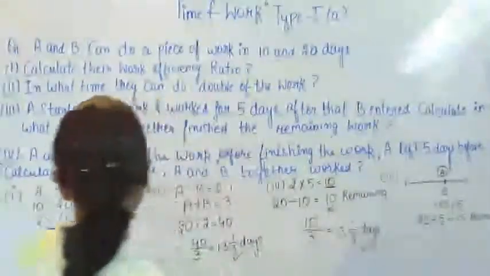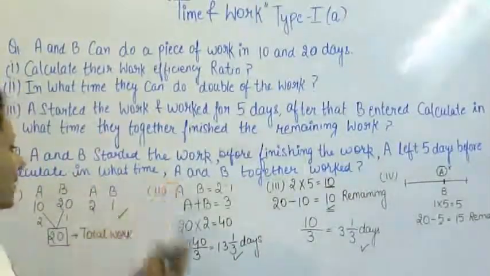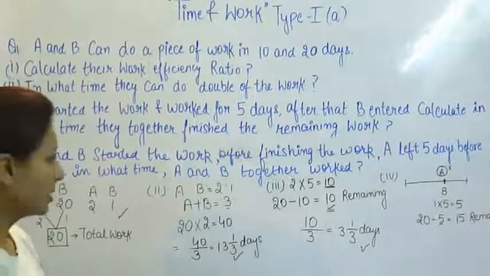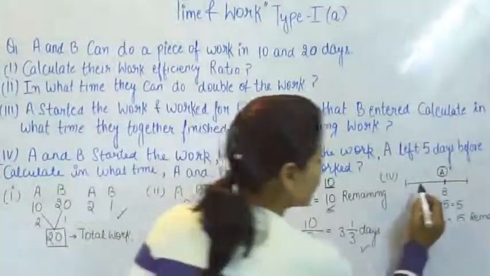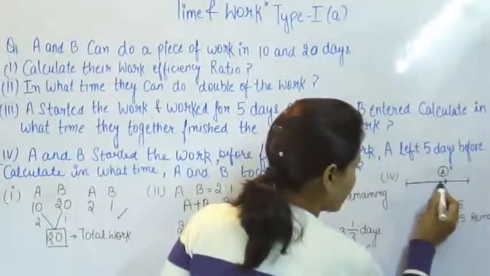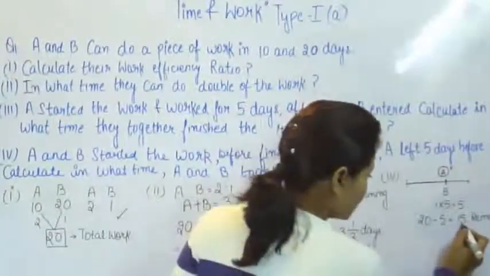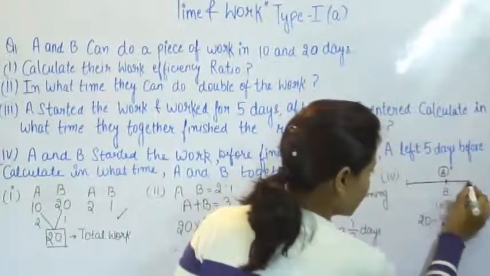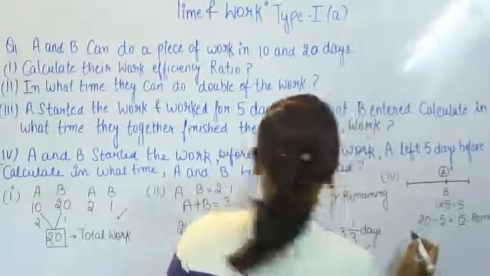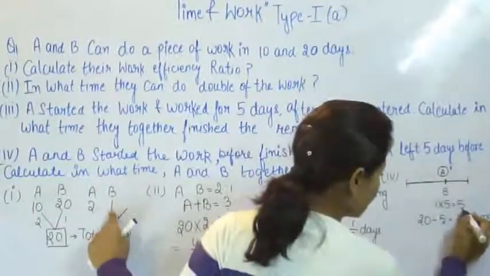Now the question is, calculate in what time A and B together worked. We have to calculate this time when A and B together worked. This work has been done by B, that is 5.